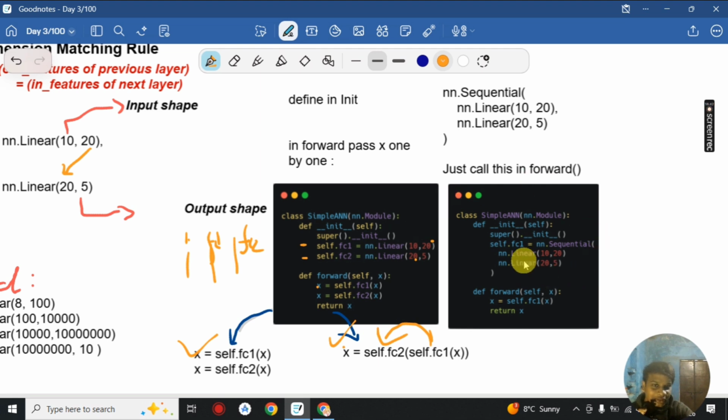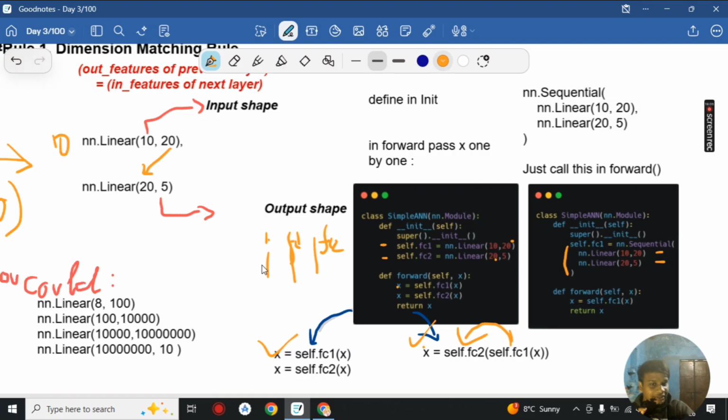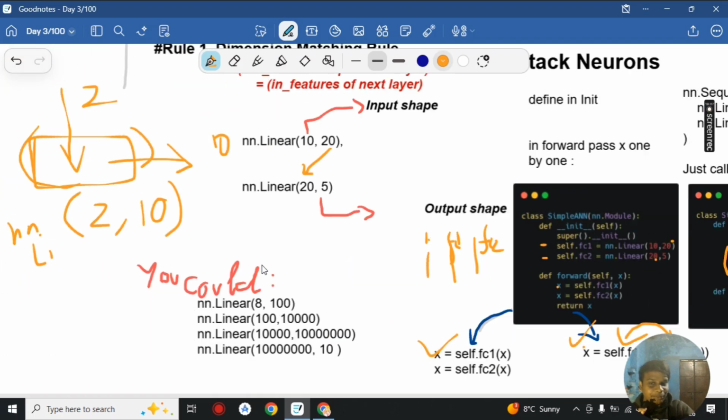And the third option is that we use nn.Sequential directly here. So we make an fc1 with nn.Sequential, we pass both the neural layers, and here we just call out this layer. And the whole thing is done in the same way. So basically this is how we stack in the simplest way possible.